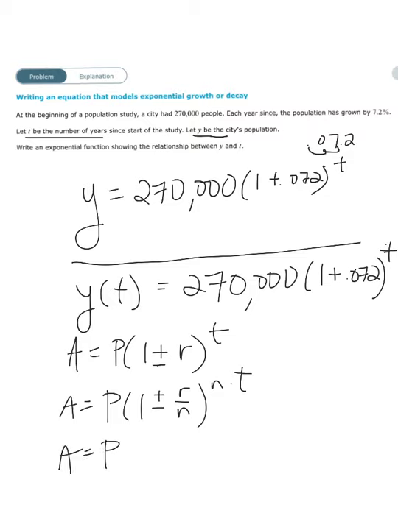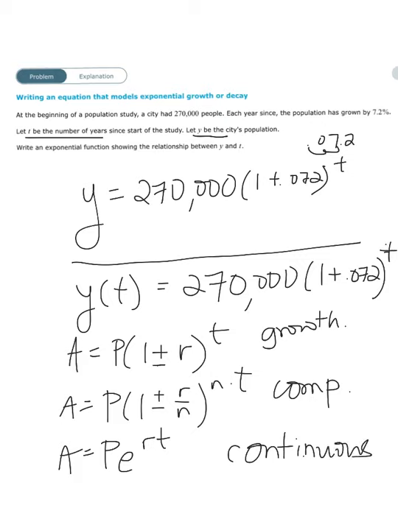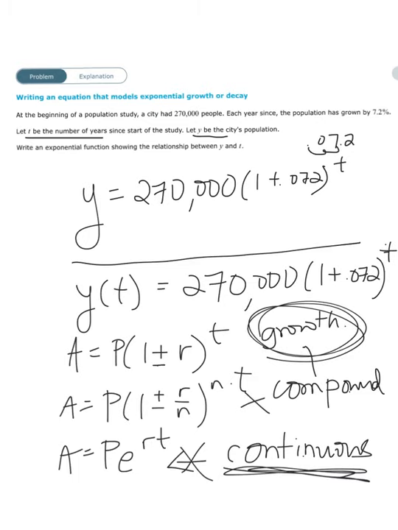And we have continuous compound growth and decay. So what I would suggest, look for these words. If you don't see continuous, we're not using this formula. Then you look for the word compound. If you see that word, we're using this one. If not, then we're using growth.